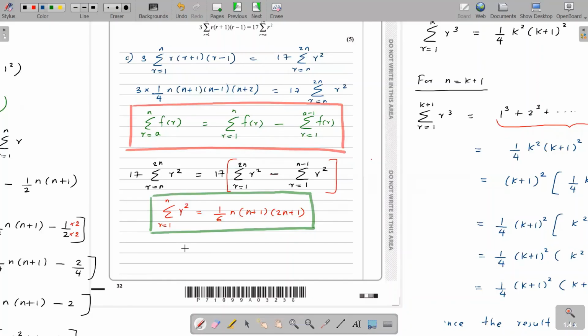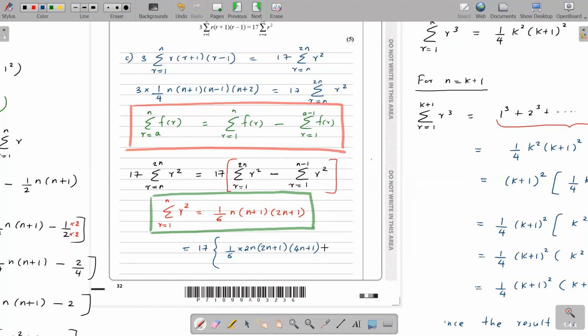So this is equal to 17 times the summation of r square from 1 to 2n. If you have from 1 to 2n, it means the n is replaced by 2n. So all the n's in the summation r square equation must be replaced by 2n. So 1 over 6 times 2n into 2n plus 1 into 2 times 2n, which is 4n plus 1.